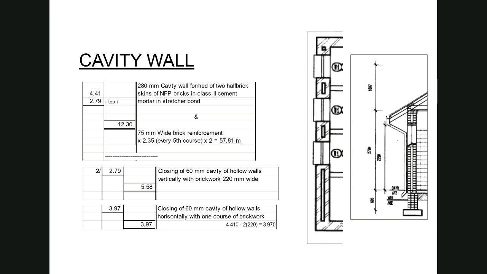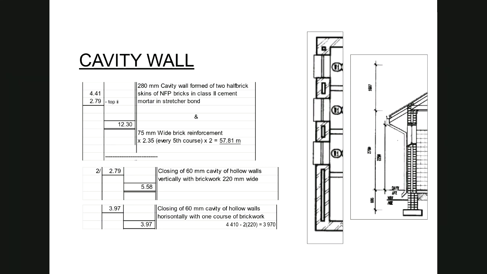And as I said in the introduction, I have moved a few of the items around so that it is easier for me to deal with complete details at a time. So you can see that I have cut and pasted the cavity wall to the right-hand side.